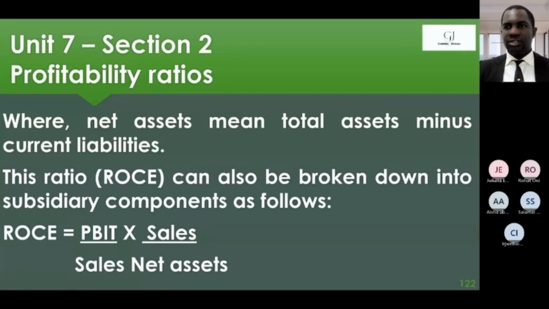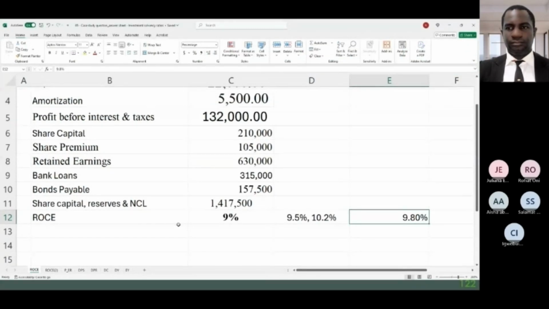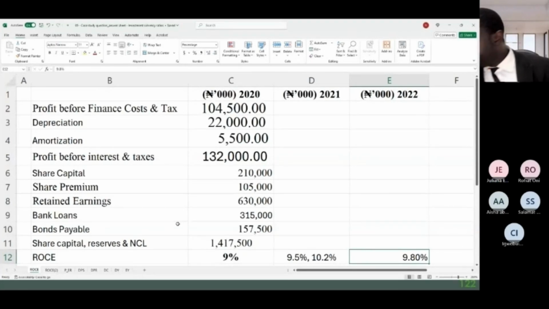So is anybody calculating or we should go ahead? I'm still calculating. Okay, fantastic. We're waiting. It's almost time for our break anyway.